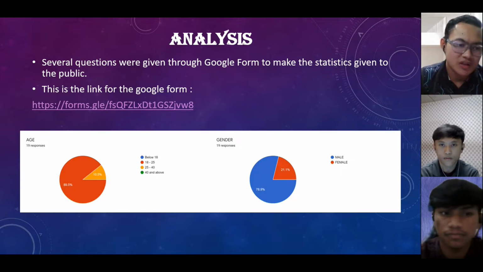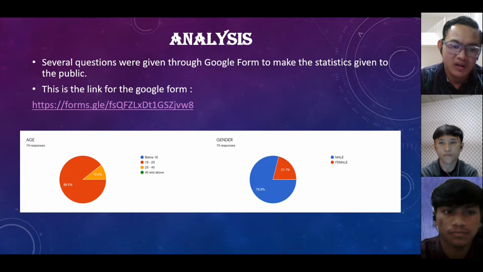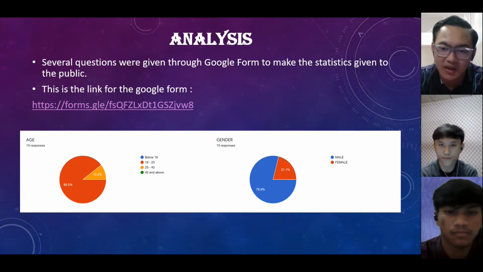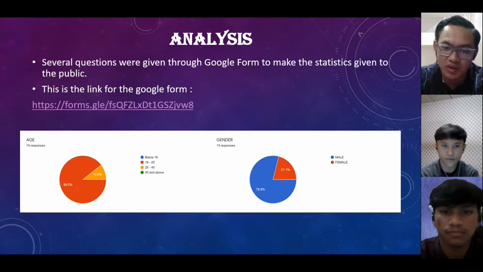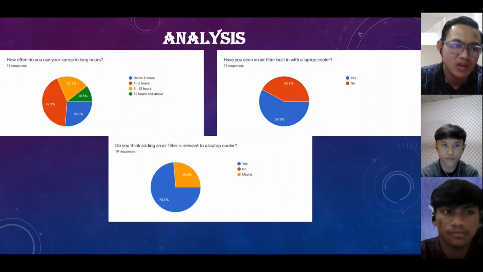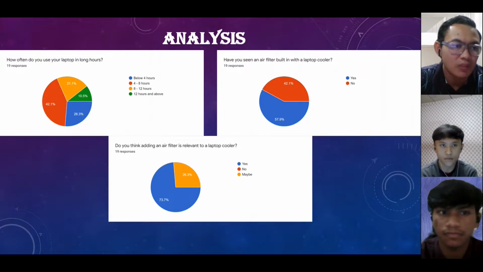As for the age of the respondents, there are 19 respondents in total, and almost all of them are between 18 and 25 years old, and only 10.5% are between 25 and 40 years old. As for gender, most of the respondents are male compared to female, which is only 21%. We will continue with the questions asked in the Google Form.